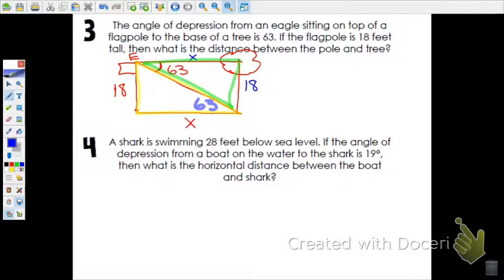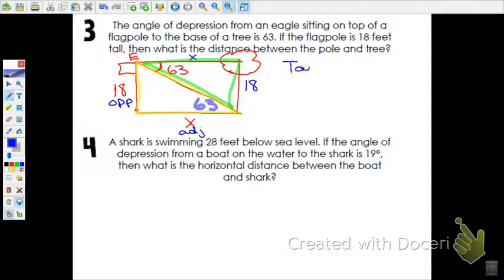So looking again at our information, which trig ratio are we going to use for this one? Well, we have opposite and adjacent. So we're going to have to use tangent. If you're using the other triangle, 18 is still the opposite, X is still the adjacent.